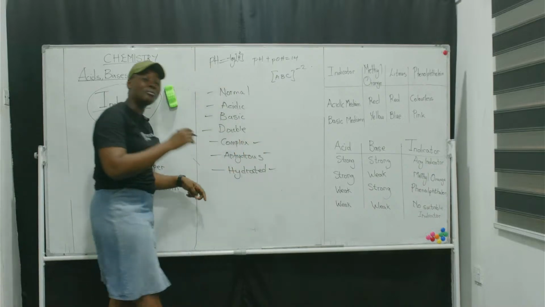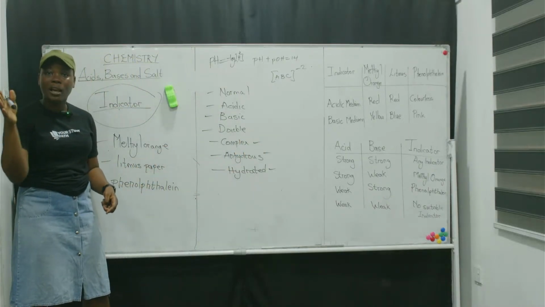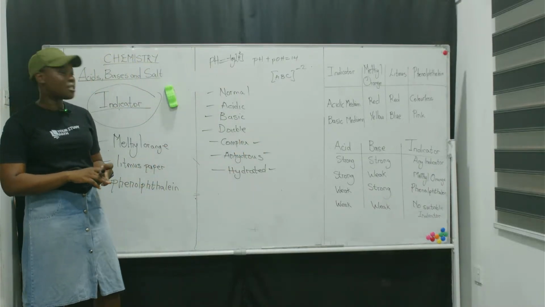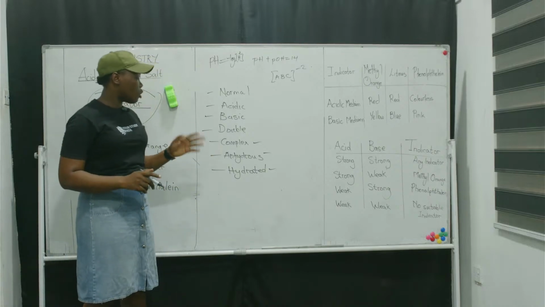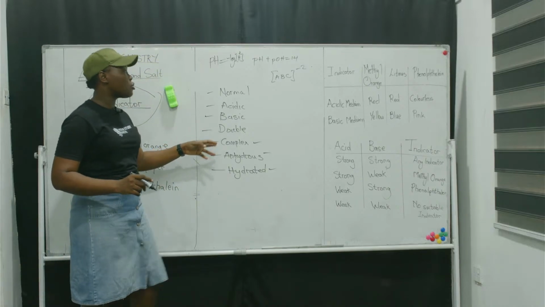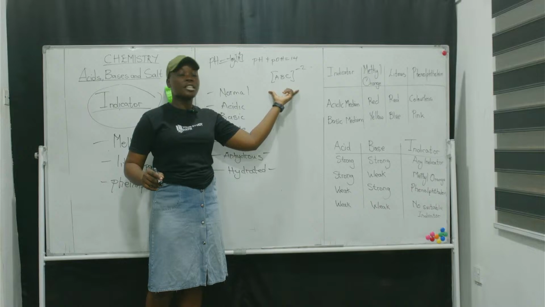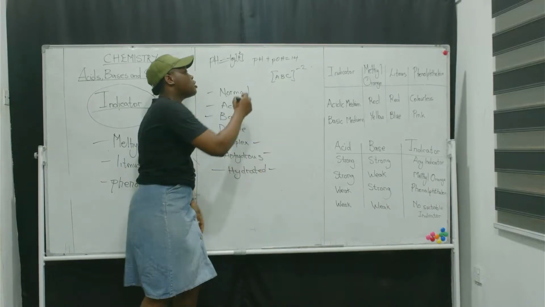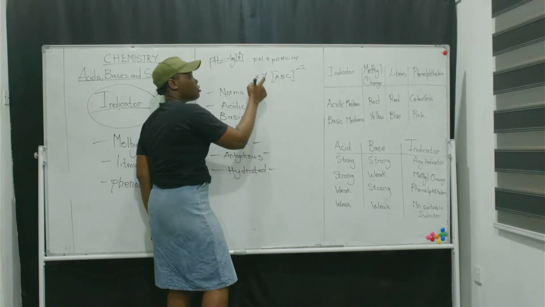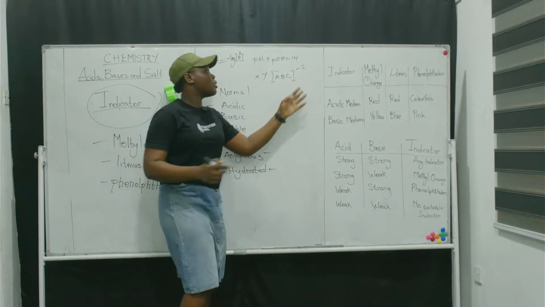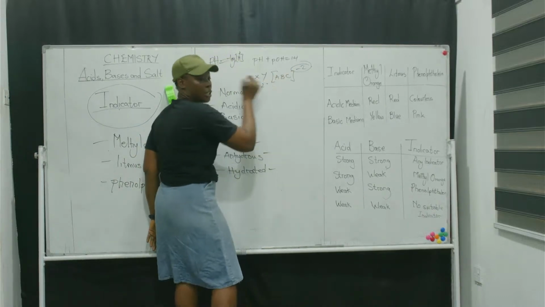When you notice that the name is just too long and you can figure out like 4 or 5 elements in it, you know that is a complex salt. Not really, it's a double salt. But once you see a complex ion in a bracket, and then you see XY, the charge would have been moved here, right?